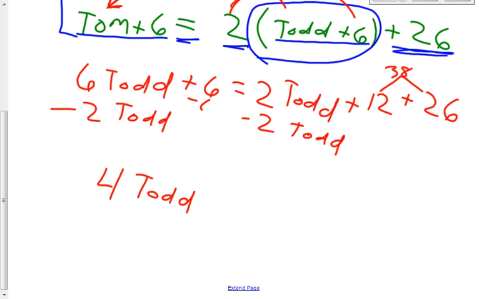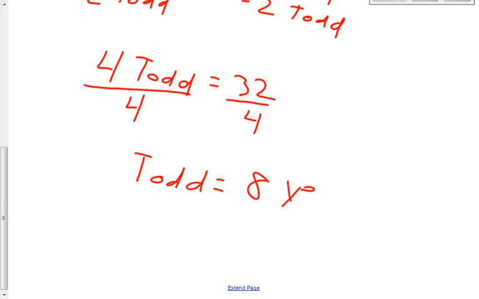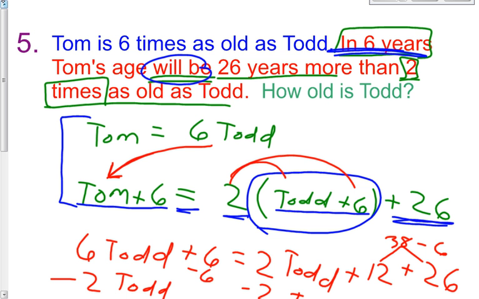And then when we subtract 6 from both sides, we now get 32. So 4 Todd equals 32. So how old is Todd? Divide both sides by 4. Todd is 8 years old.